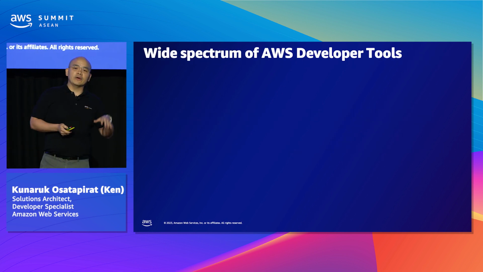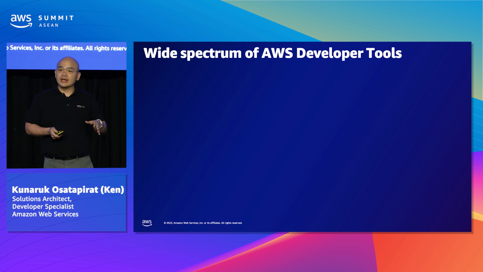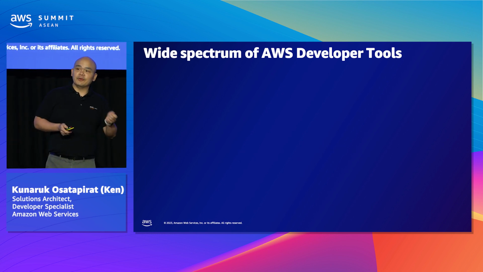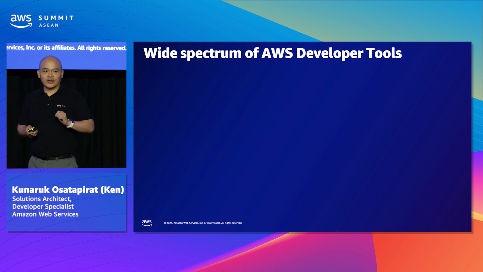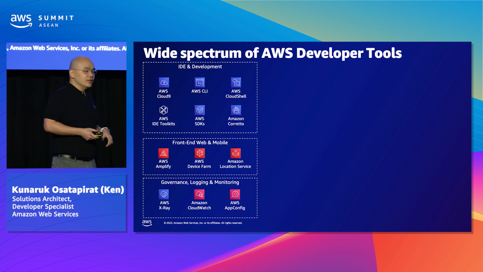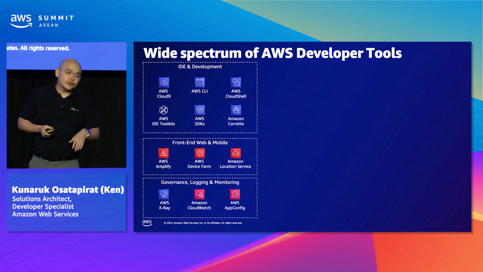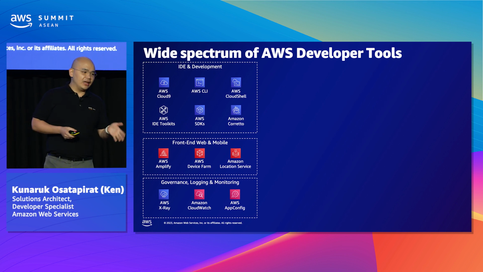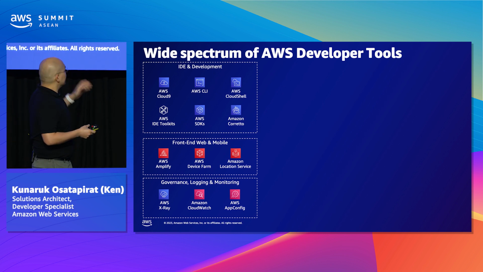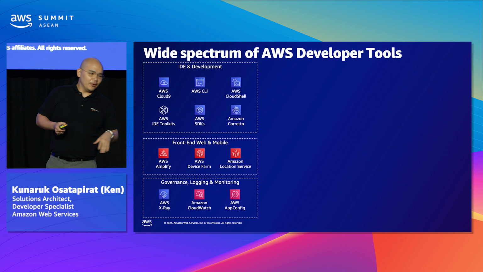So now let's have a look at the wide spectrum of AWS developer tools. This will be quite a lot, but I will focus on only some of them to make it easy for you. The first one, we can start with the IDE and development tools. We can use AWS Cloud9, on the top left of your slide.